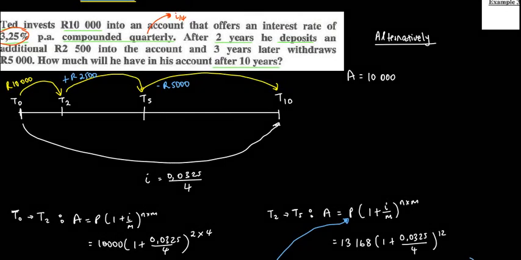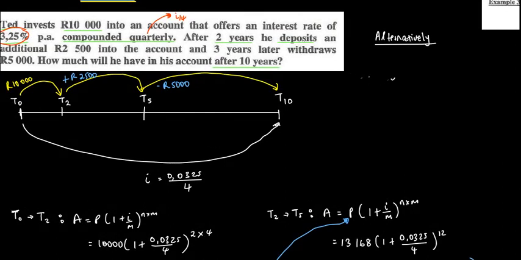It's going to be a long calculation, but let's try it. So it's a much faster method, right? So you're gonna say A, and then you're gonna say 10,000. Don't forget the zeros. Then you say 1 plus 0.0325. You're gonna divide that by 4. Then what you're gonna do for me, you're going to count how many years is 10,000 going to grow. 10,000 is going to grow for 10 years.